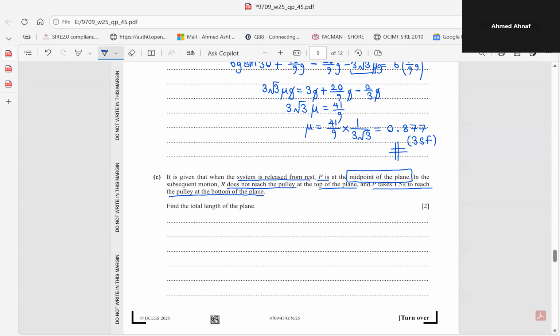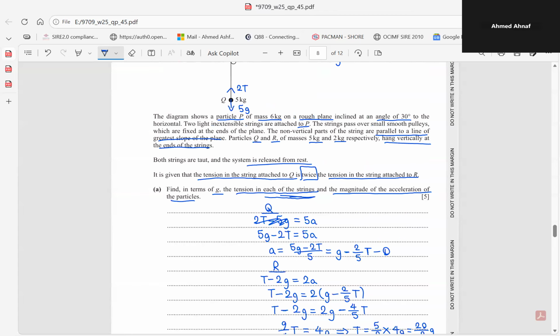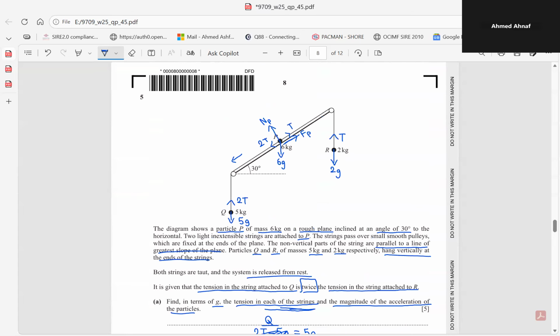Using this, we need to find the total length of the plane. So basically we need to find this length, and then to get the final answer, just multiply by 2. This length is equal to the length traveled by P from here all the way to here.